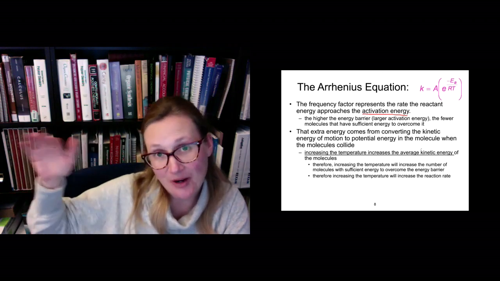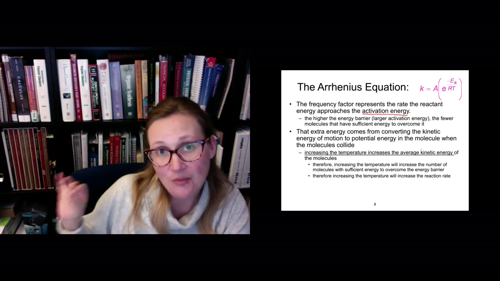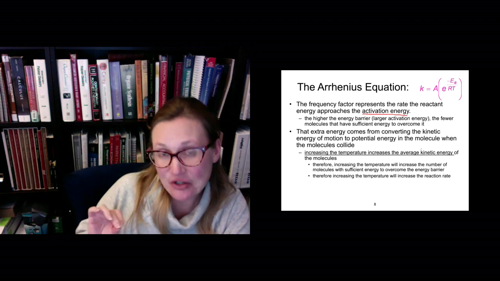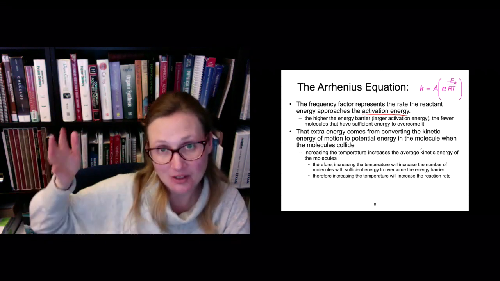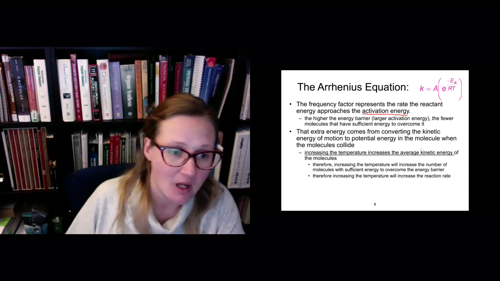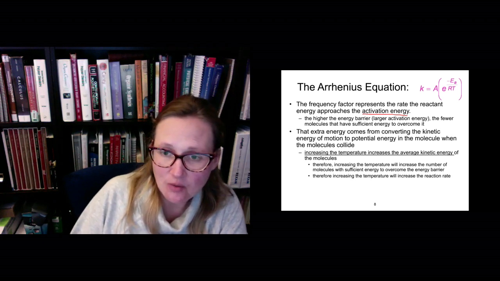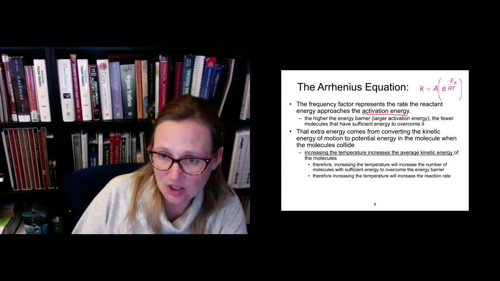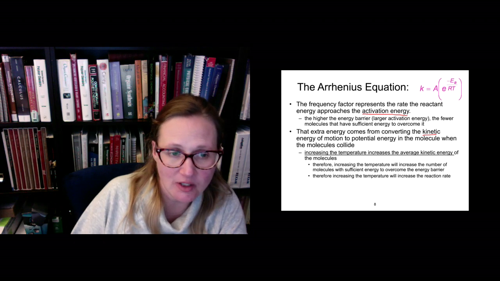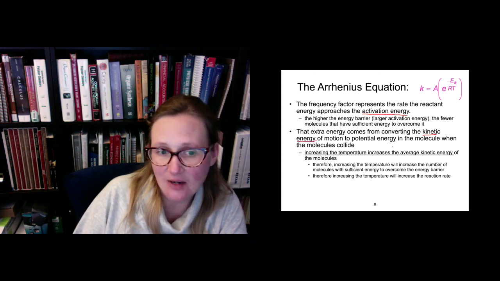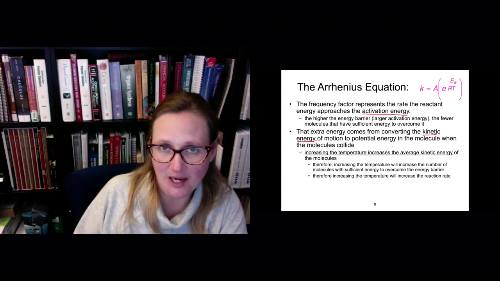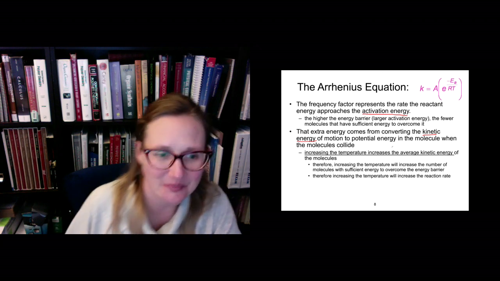So the larger that barrier is, the fewer the molecules that have enough kinetic energy to surmount that barrier. All right, so the extra energy has to come in the form of kinetic energy. Okay, really important here, in the form of kinetic energy if we want those molecules to start to collide and form product.